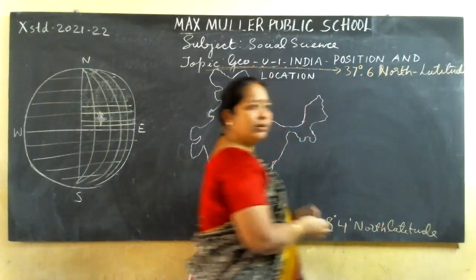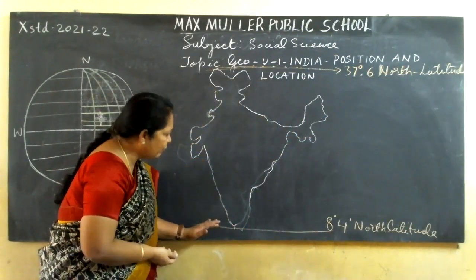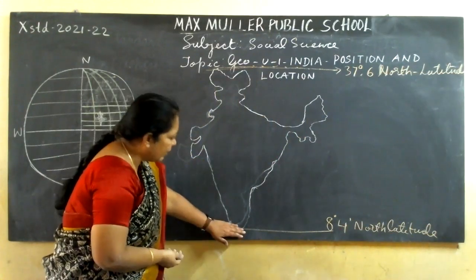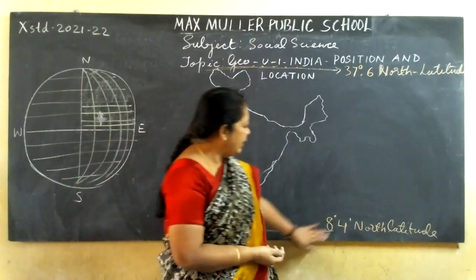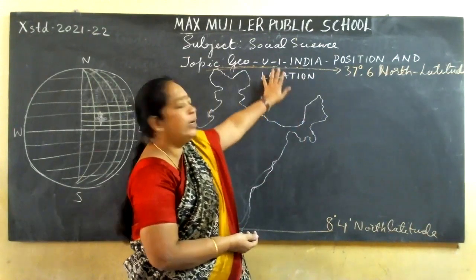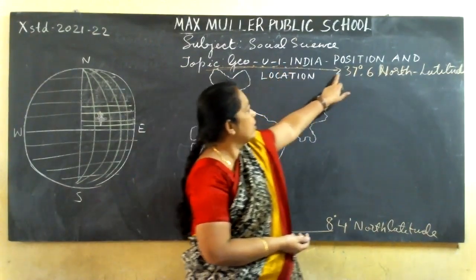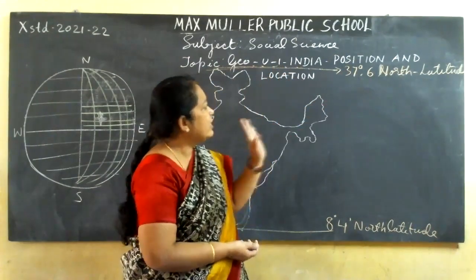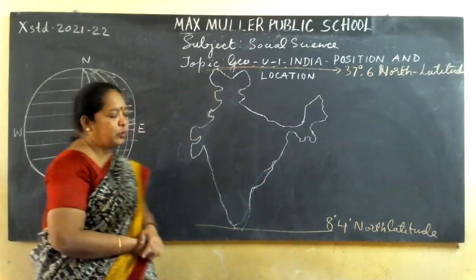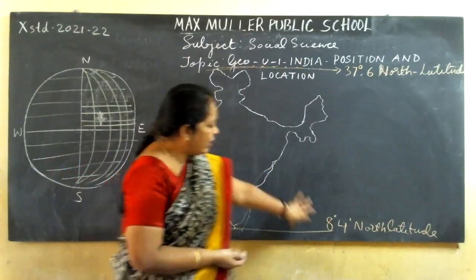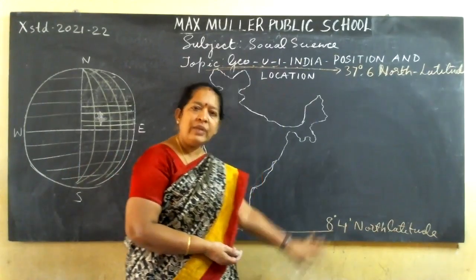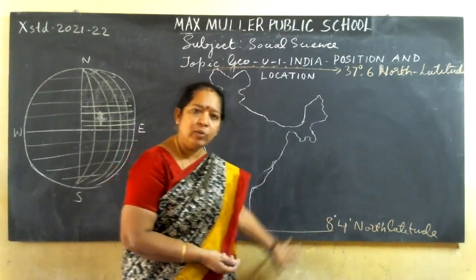Got it, everybody? So latitude wise, the extension is from 8 degree 4 to 37 degree 6 north latitude, and in the south we have the Andaman and Nicobar Islands.